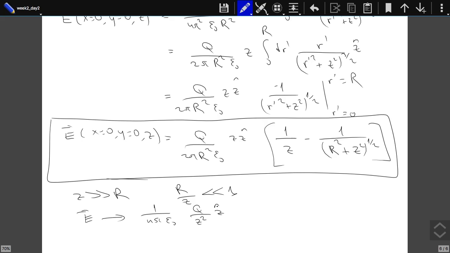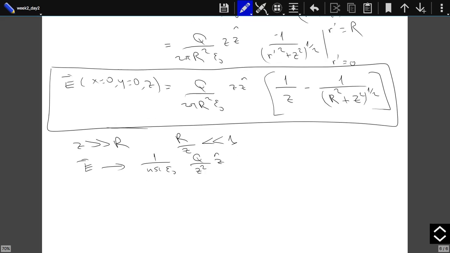So let's see, I know that r times 1 over z is very small. That is what I will use. The electric field that we calculated is q over 2 pi r squared epsilon 0 in the z hat direction. Now let me multiply with z.